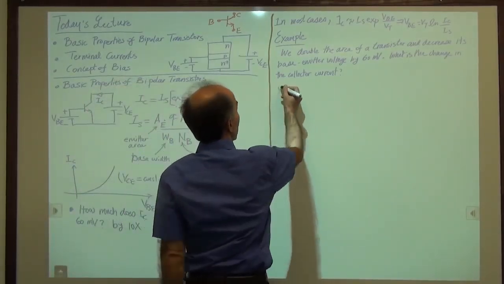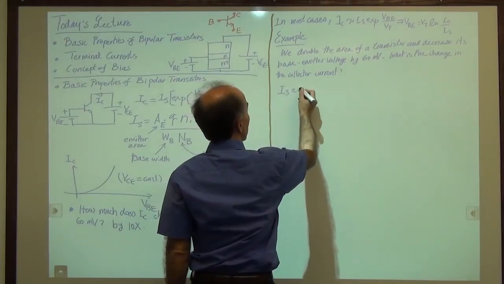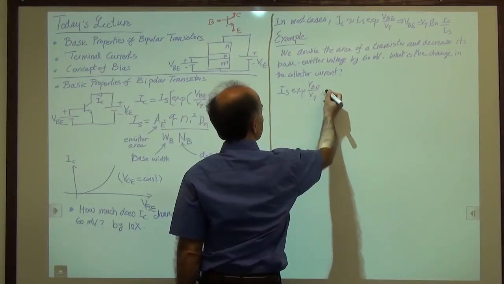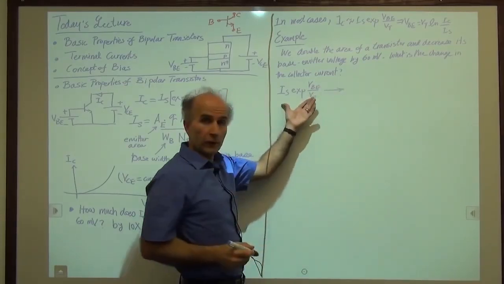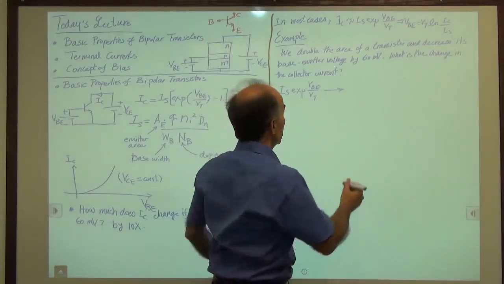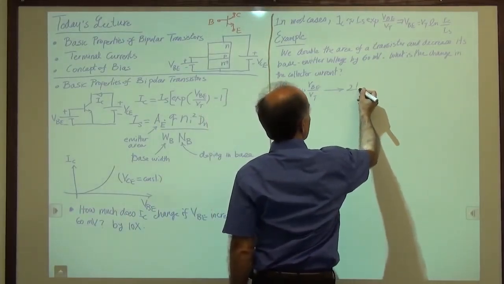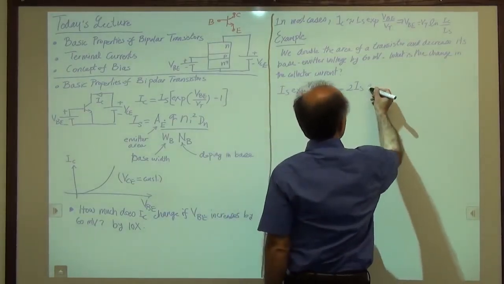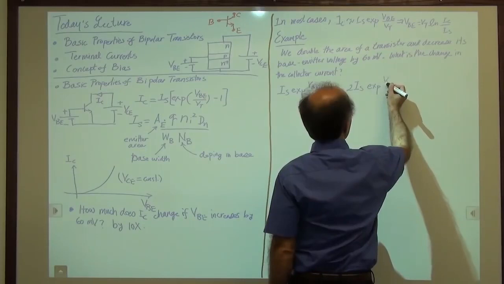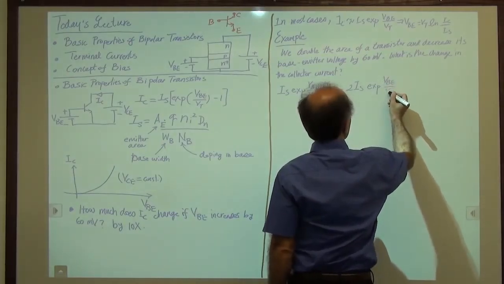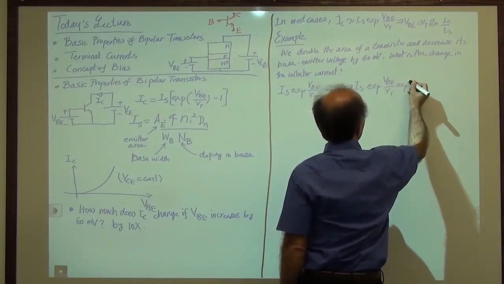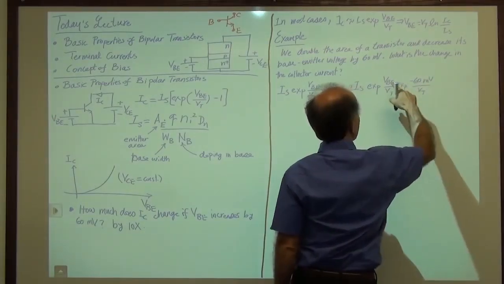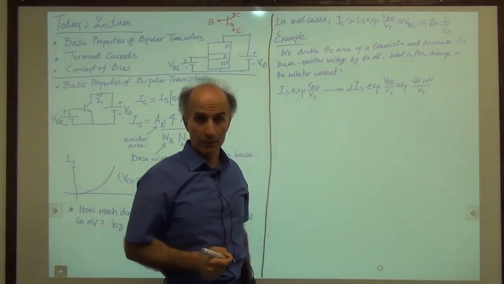So IS exp of VBE over VT, the old transistor, goes to 2 IS exp of VBE over VT times exp of minus 60 millivolts over VT, the new transistor, because I reduced VBE by 60 millivolts.